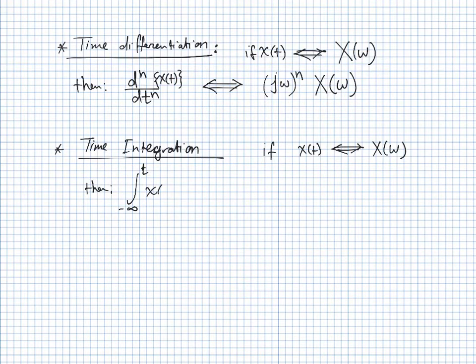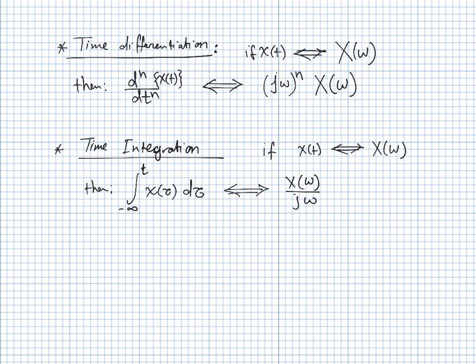My signal, but again we'll use just a dummy variable, call it tau instead of t, because we put t already in the integration limit. So if I integrate my signal in time domain, what happens in the frequency domain is a little bit complicated. It becomes x of omega divided by j omega, which is the inverse of what happens when you differentiate.